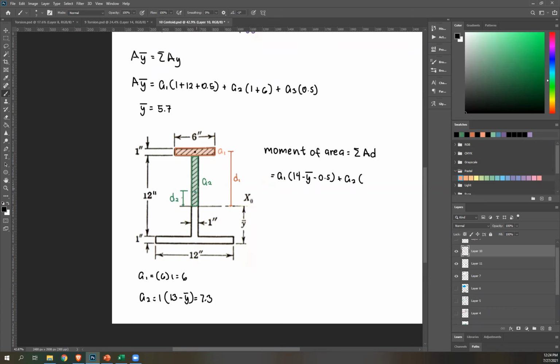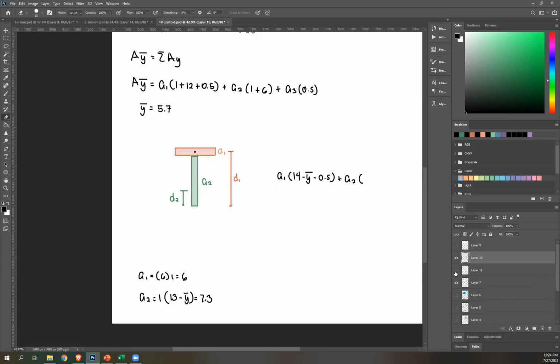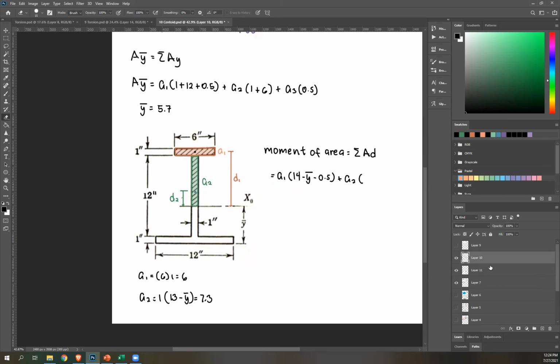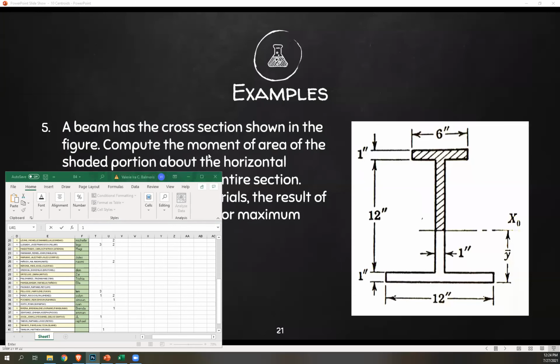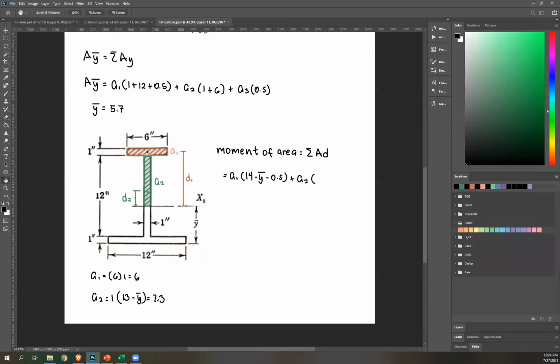First of all, this is not the centroid of this area.